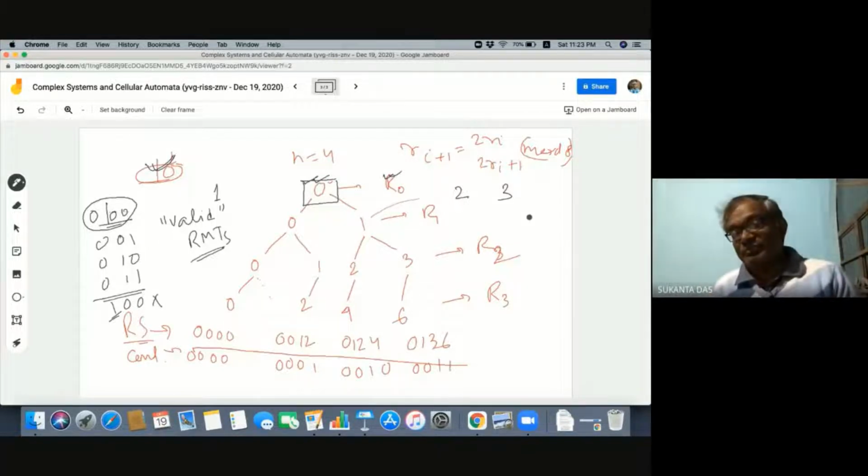Why am I saying all these things? I wanted to tell you that by doing this, I can construct RMT sequences in a systematic way. And we shall see shortly that this systematic way will lead us to develop a new tool called the reachability tree.